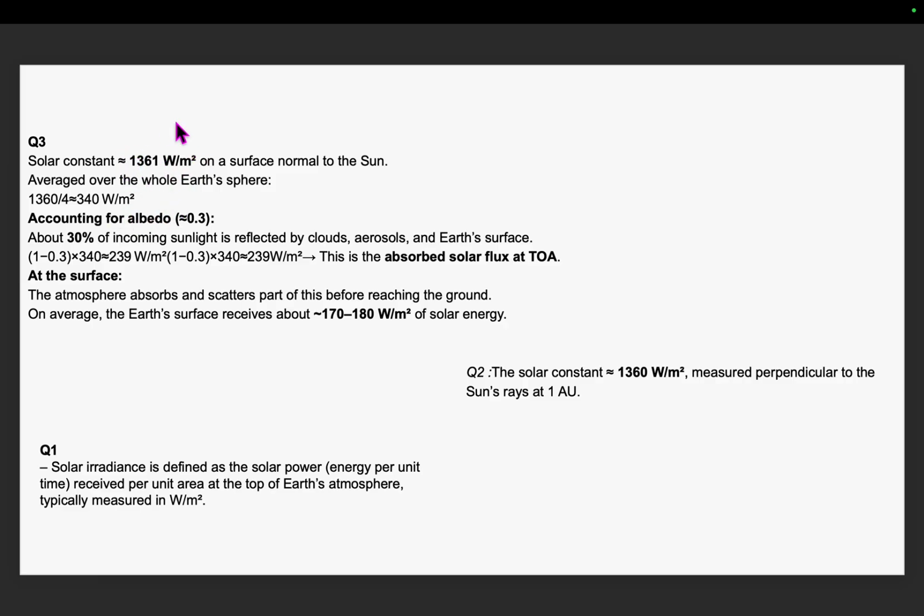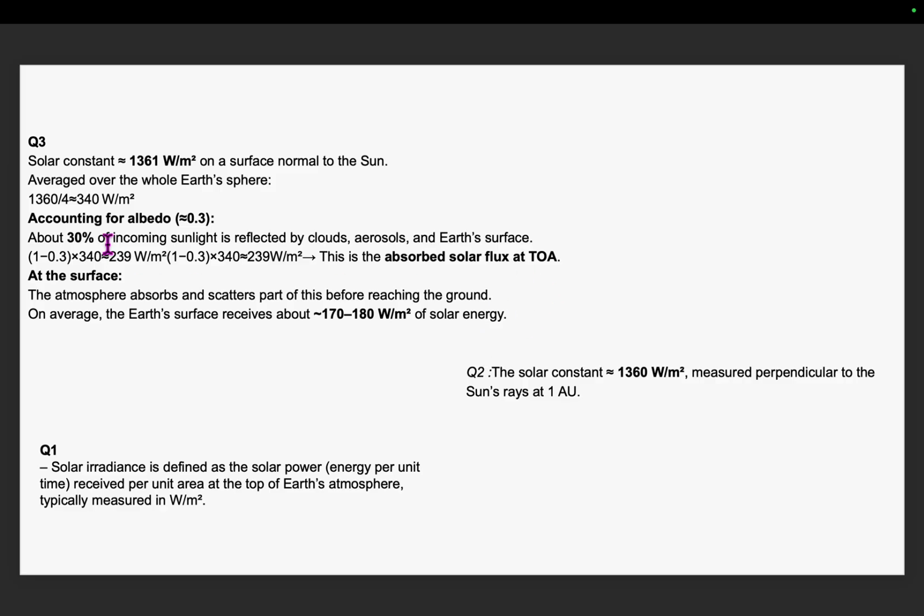Another thing is Earth's albedo, which is about 0.28 to 0.3. So about 30% of incoming sunlight is reflected by the clouds, aerosols and the Earth's surface. So there is a net 239 to 240 watt per meter square, which is the absorbed solar flux at the top of the atmosphere.